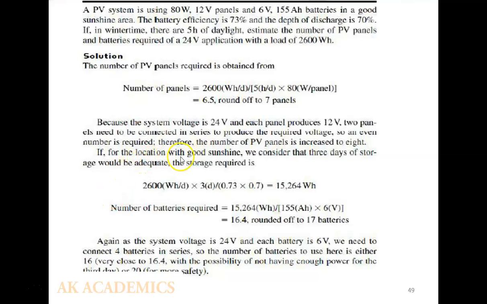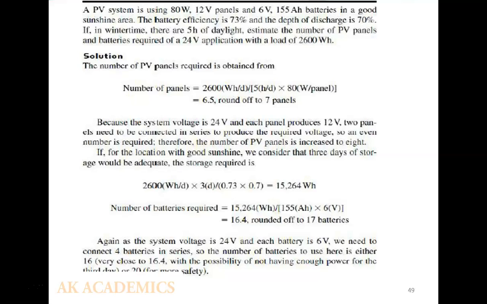Then, for the location with good sunshine, we consider that 3 days of storage would be adequate, so the storage required will be given as follows. Because we were asked to find the number of batteries that will be required for this PV system, first we have to find out the days of autonomy.